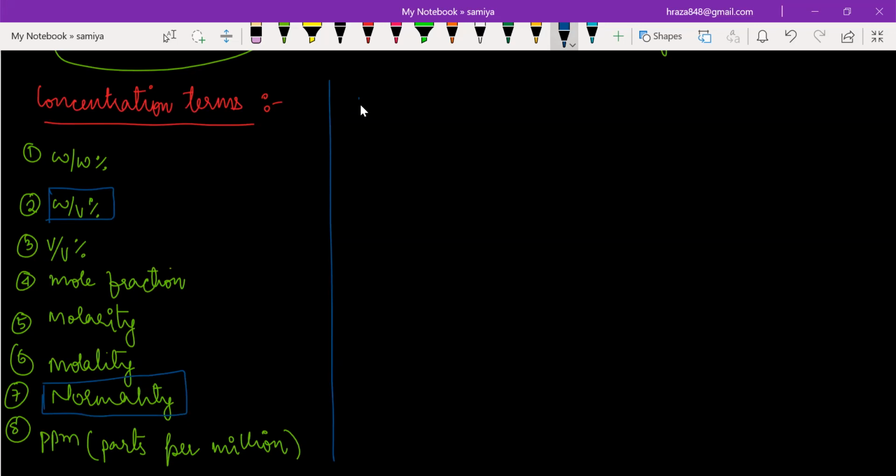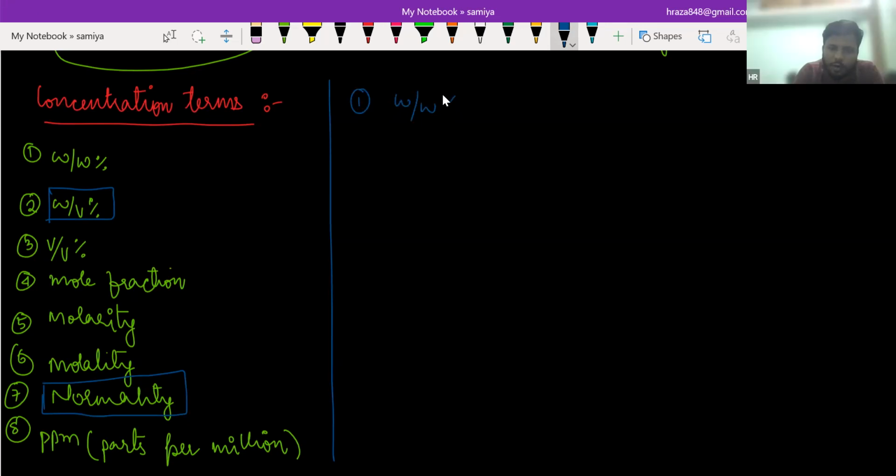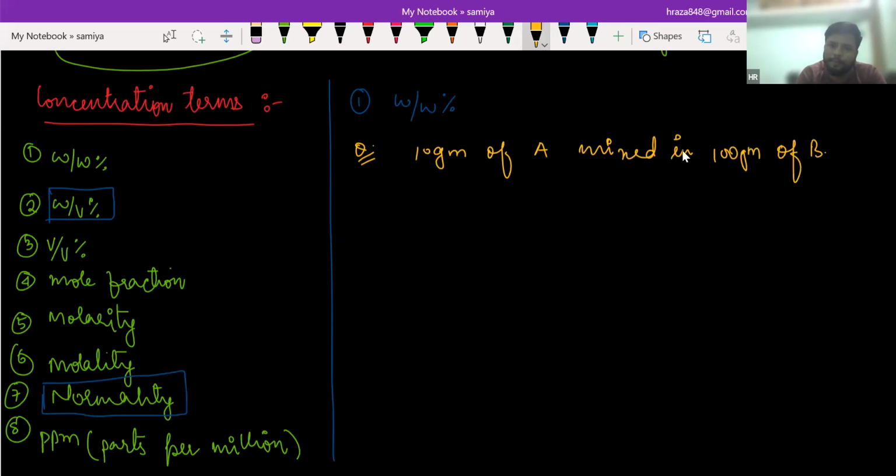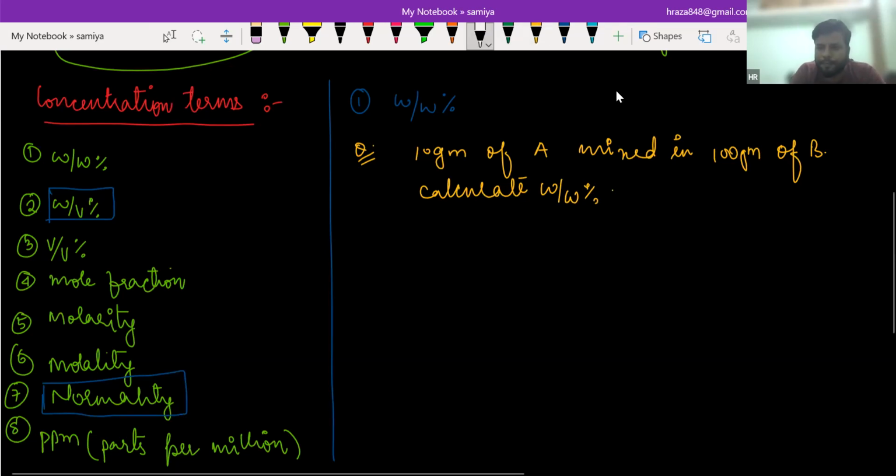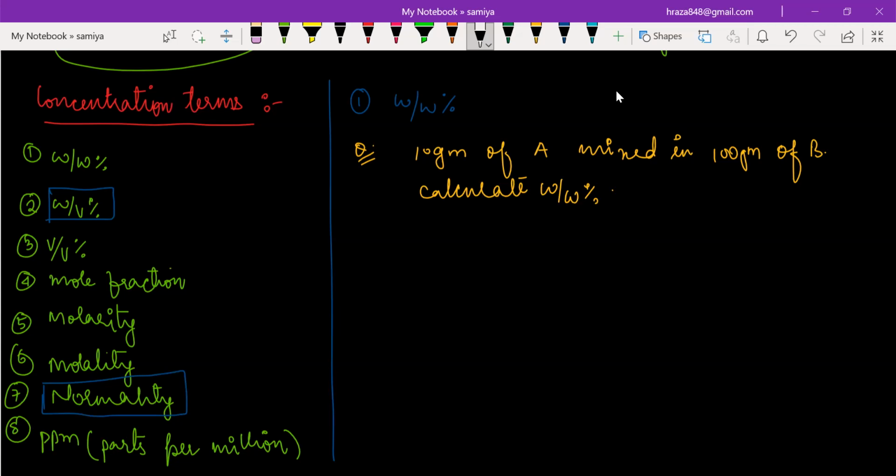So the first is weight by weight percent. I'm going to give you a question, and then I will see whether you need an explanation about it, or you can do it. 10 gram of A mixed in 100 gram of B. Calculate weight by weight percent. Can you do this? Yes, sir. Okay.